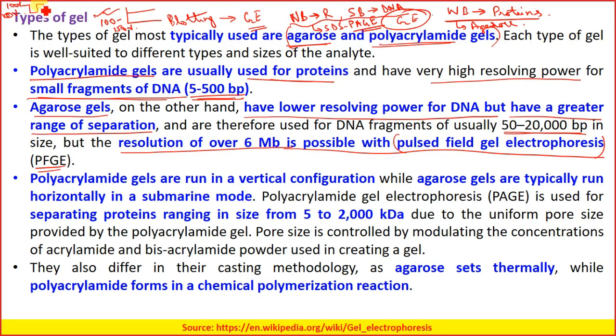Then again we give another duty cycle of 100 volt and then again we stop it. So this continues, and in this way we can improve the resolution of the agarose gels. So PFGE is run with agarose gels.